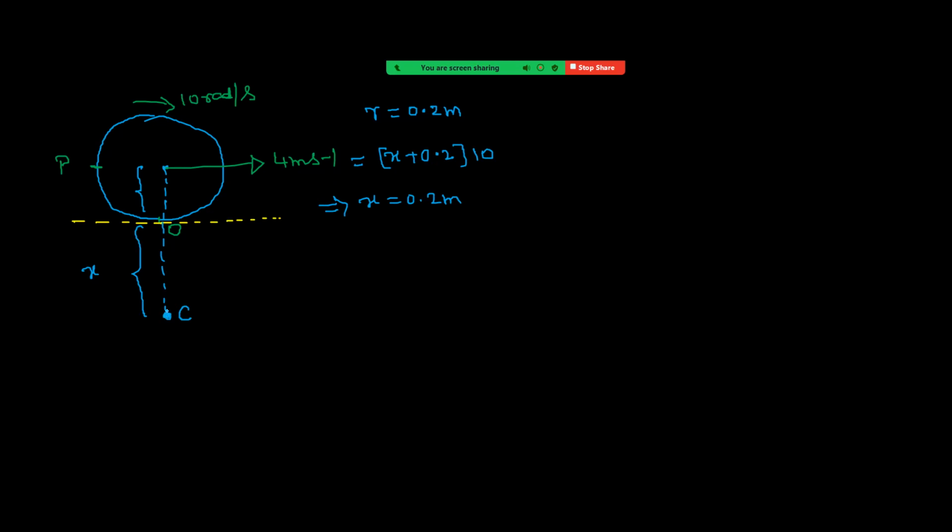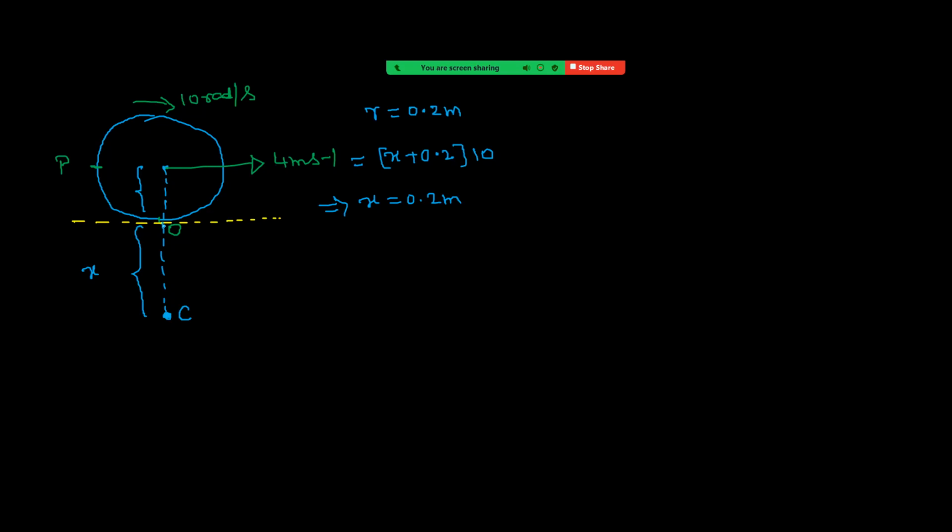I told you earlier how to identify points on the axis of rotation having zero velocity. So for this point, velocity is 0. Then V equals distance from that center into omega.